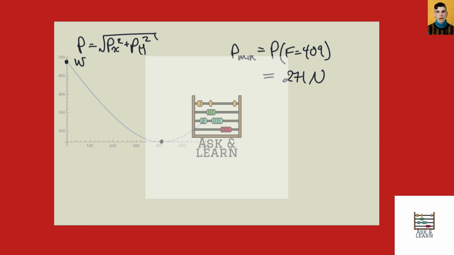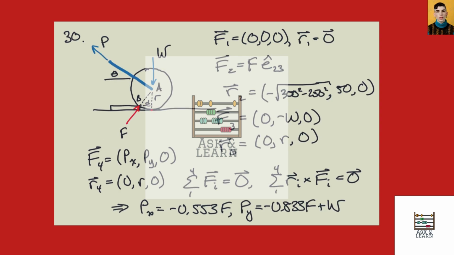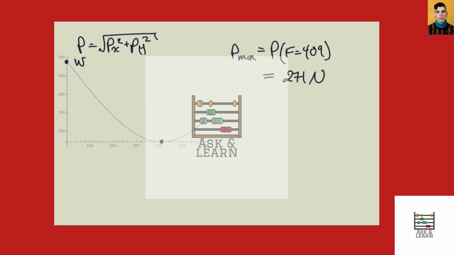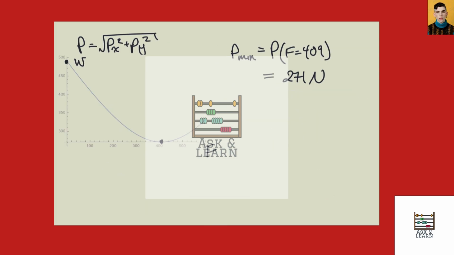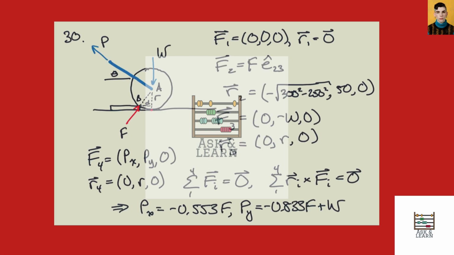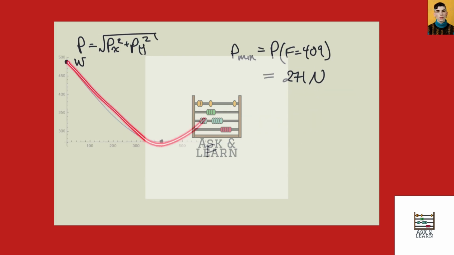We get the magnitude of P as a function of F. So we plot the magnitude of P as a function of F. Again, we know the weight. And if we do that, what we see is we get this kind of parabolic looking curve here. It's not a parabola, but it kind of looks like one.